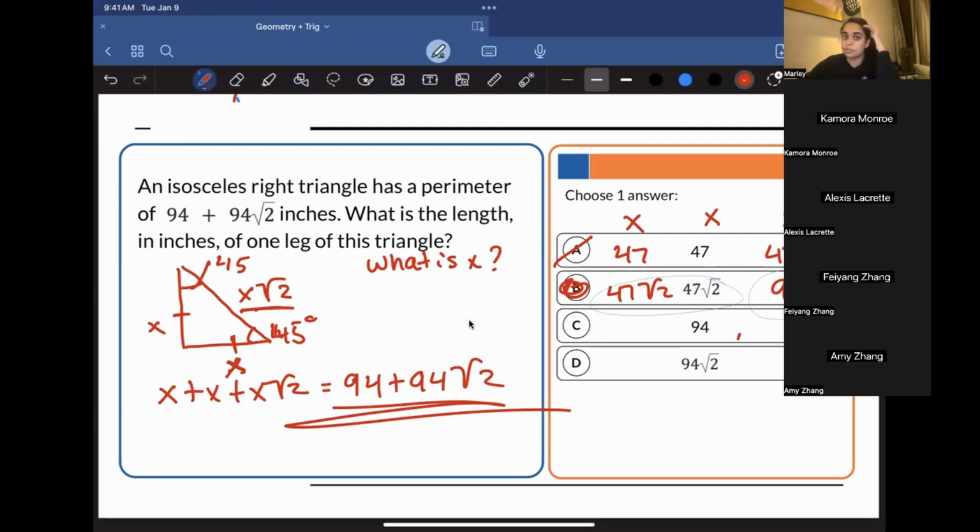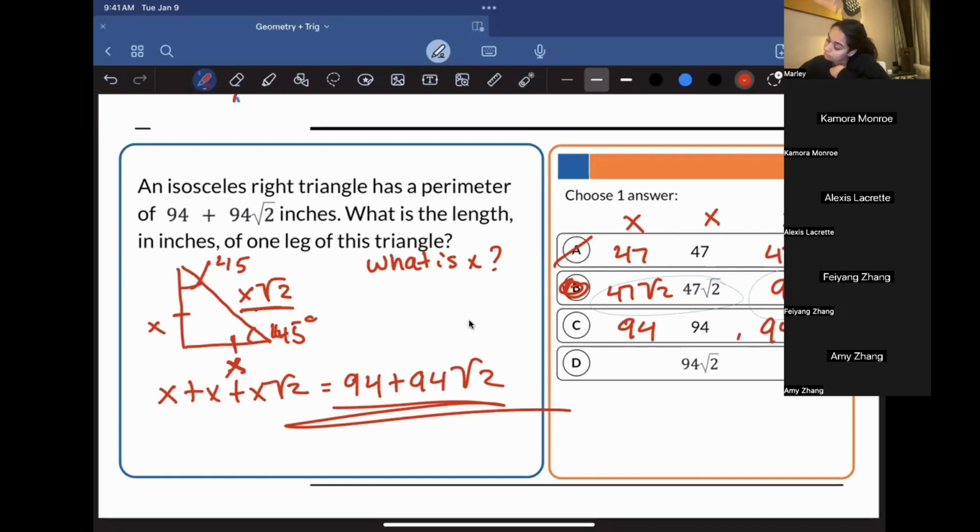If we do answer choice C, we get x is also 94, and x root 2, which is the hypotenuse, is 94 root 2. That's too big. It's 94 root 2 plus... I think 198. No, 190.